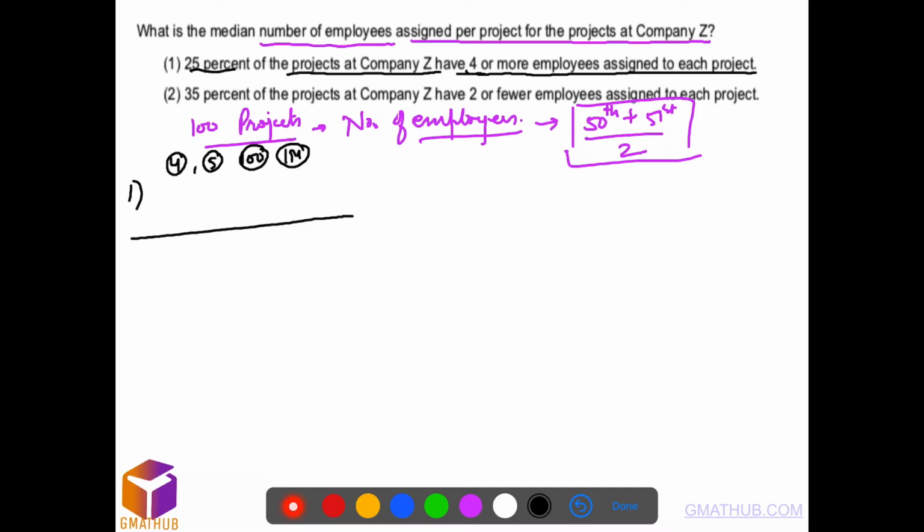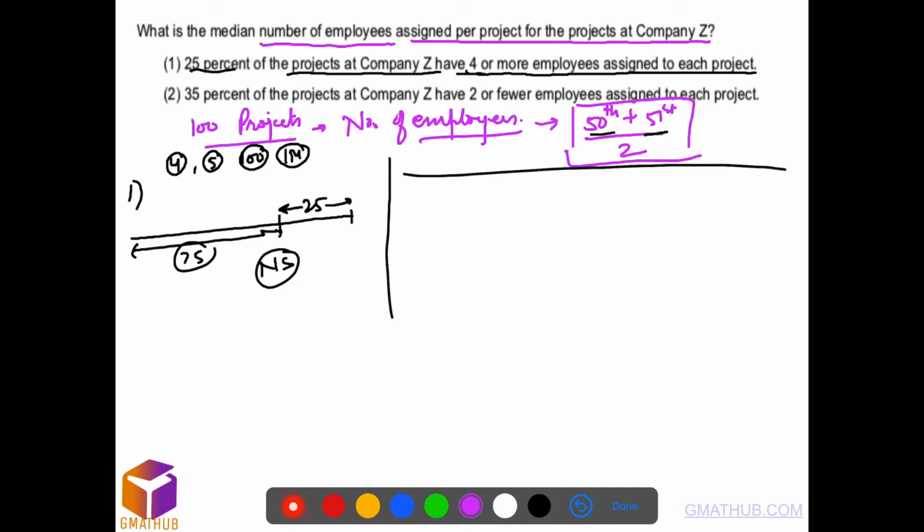So these 25 projects will be to the extreme right, because any big number will be part of these 25 projects only. There won't be any project to the right of these 25, because you name any bigger number, it will be part of these 25. But we don't know what happens to the remaining 75. We don't know what the 50th and 51st numbers are. So this is not sufficient.